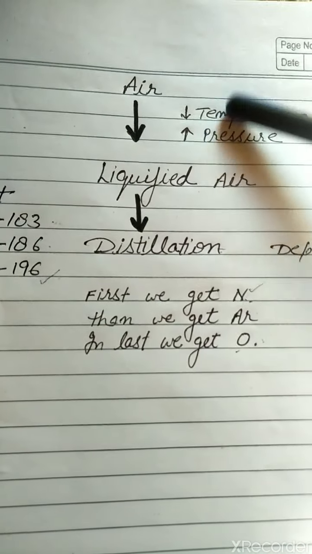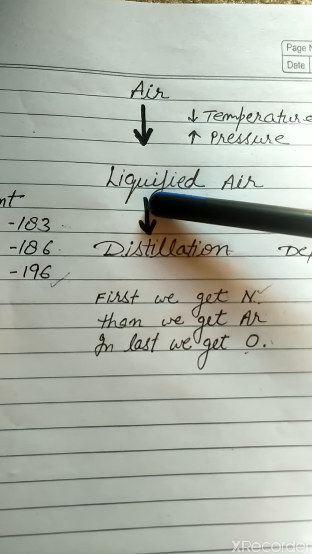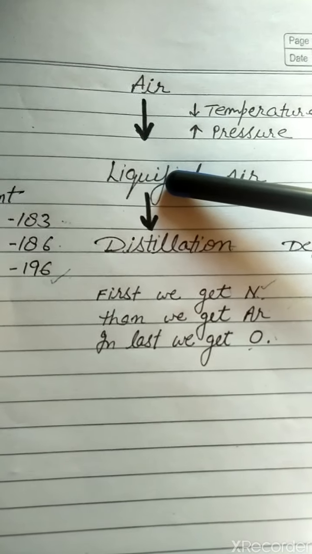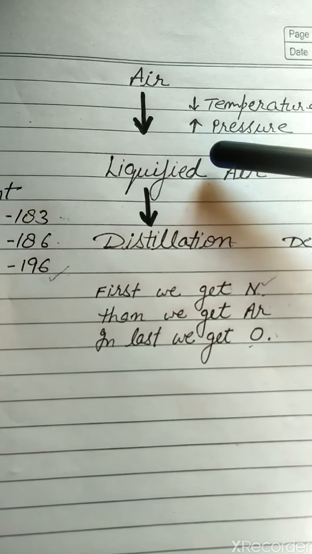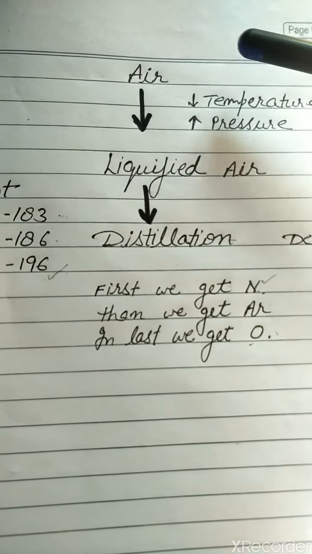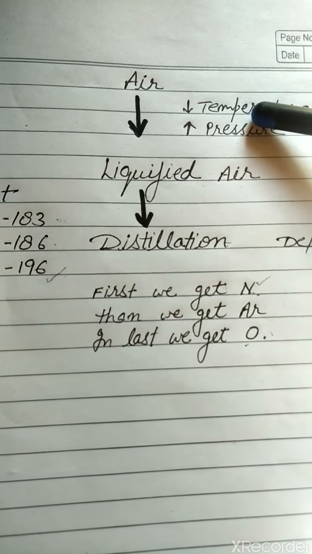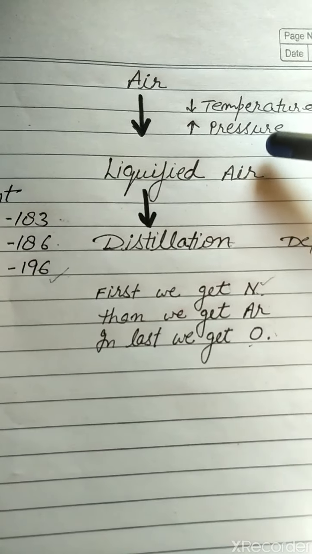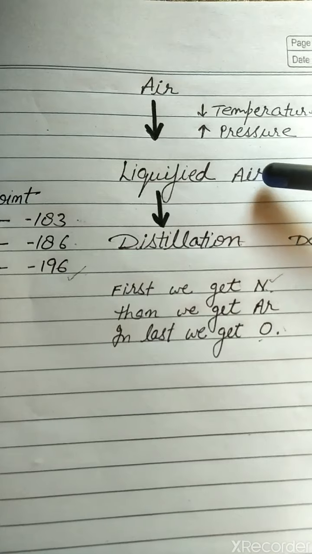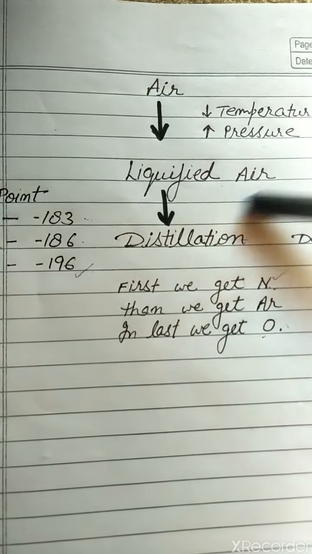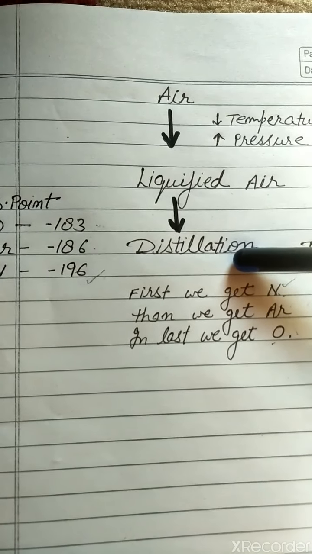As it is in vapor state, we first liquefy it, make it in liquid form, which you all know very well, as we told you in the first chapter, that gases can be liquefied by decreasing temperature or by increasing pressure. Particles come closer and convert into liquid form. So now we have liquid air and it can be separated easily by the distillation process.